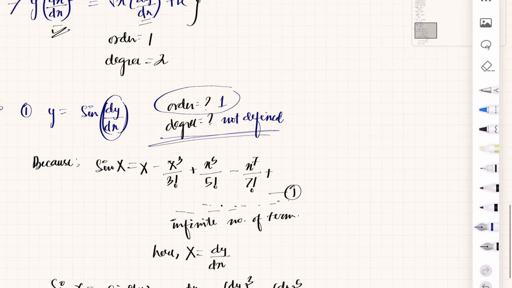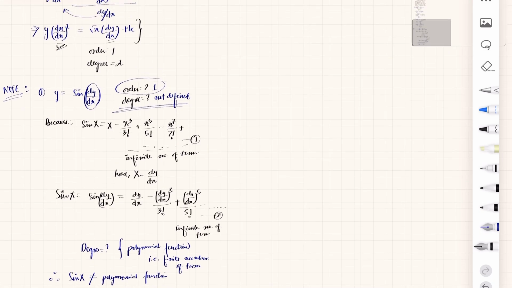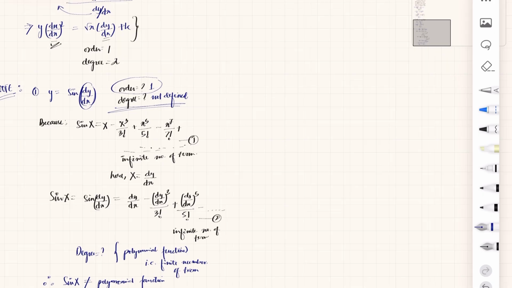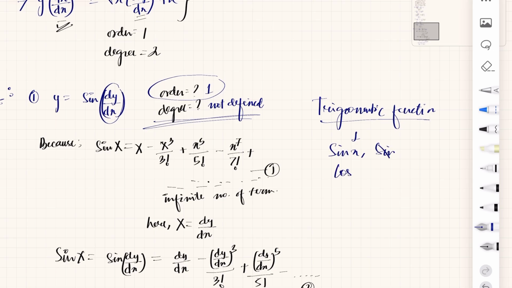Okay, so it can be for any trigonometric function, like sine x, or cos x, or tan x, cosec x.